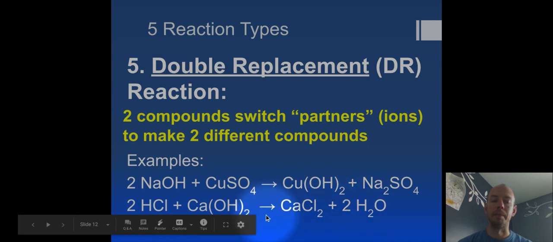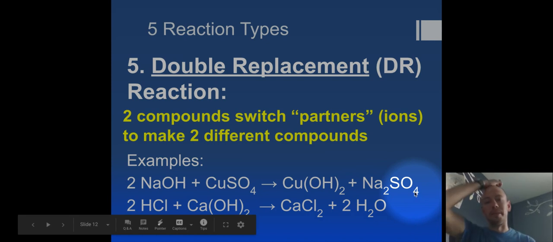This one's a little bit different version, but the same idea, where we have a compound and a compound, new compound, new compound. It doesn't necessarily look like the outside things, but really here the hydrogen and the hydroxide, H and OH, combine to make H2O. And sometimes when we're balancing, it's really helpful to maybe go one element at a time. Sodium, oxygen, hydrogen, copper, sulfur, oxygen, copper, oxygen, hydrogen, sodium, sulfur, oxygen. Obviously, you can list elements like that as well.